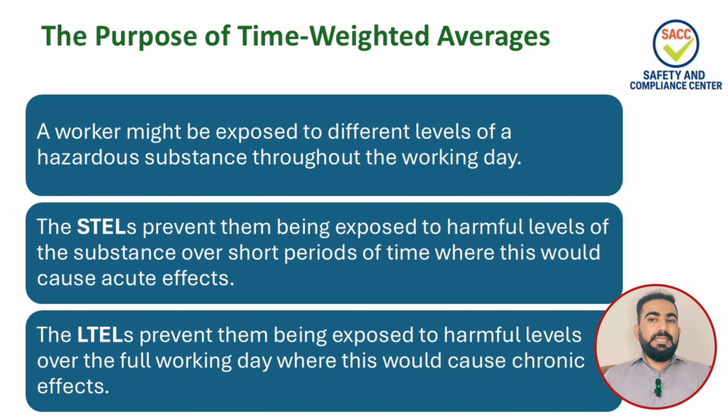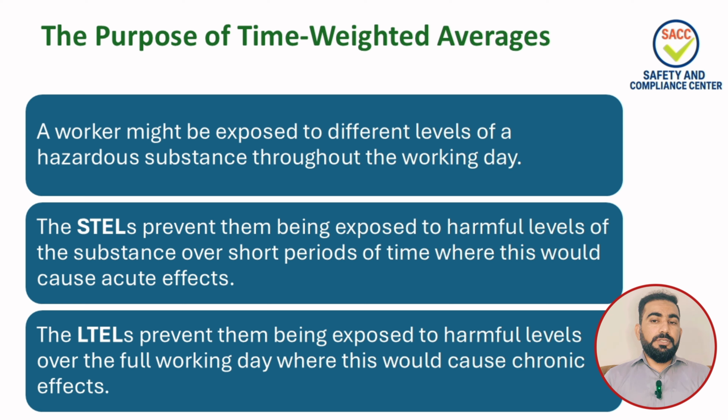Why do we even need these time-weighted averages, like the short-term exposure limits and the long-term exposure limits? Think about a typical workday. A worker might be exposed to different levels of a hazardous substance at different times. It's rarely constant. That's where the time-weighted average comes in. The short-term exposure limits help protect the workers from short bursts of high exposure that could cause immediate acute effects like nausea or eye irritation.